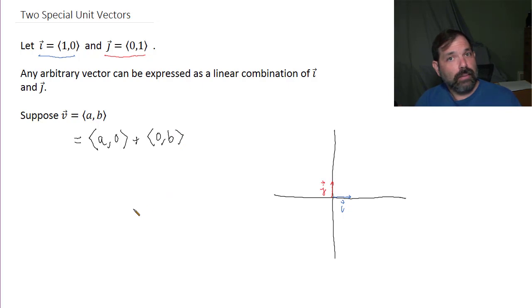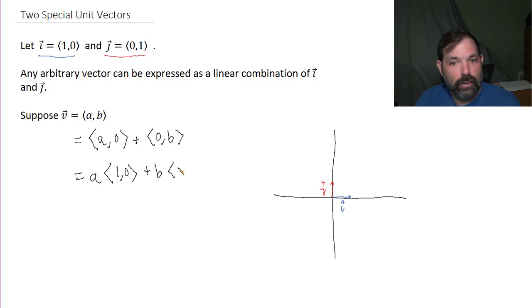Then I can think of that as a times the vector 1, 0 plus b times the vector 0, 1, thinking of how we multiply a vector by a scalar and just taking that backwards.